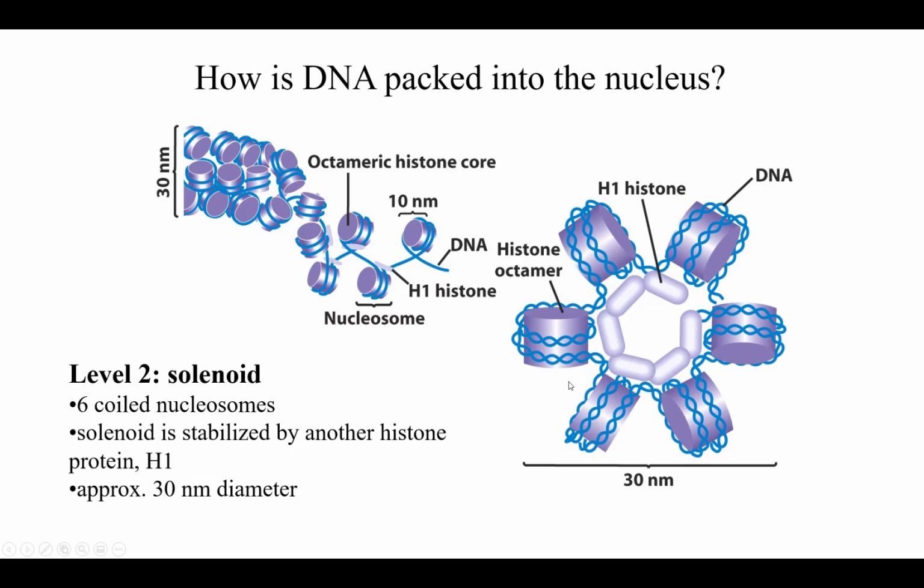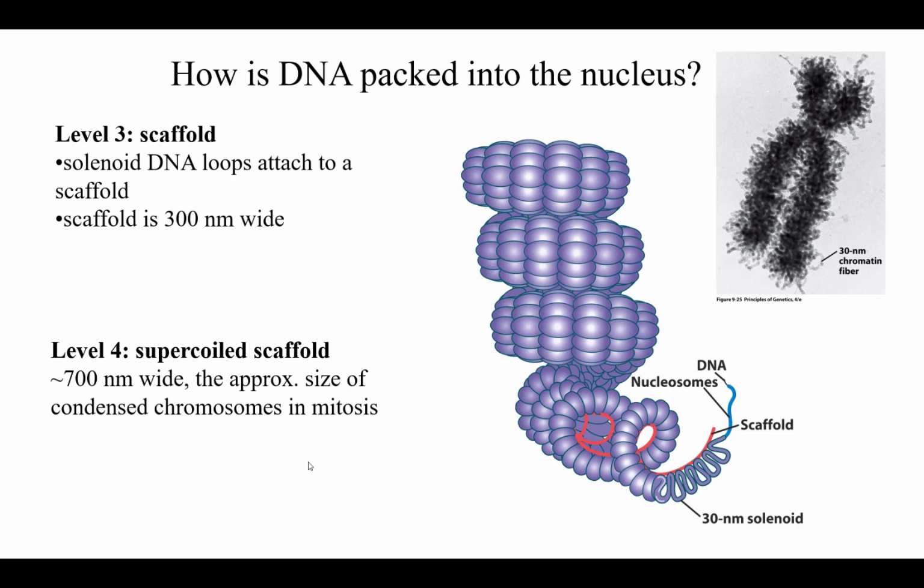And the solenoid actually makes something like a disc or a wagon wheel that then spirals around. A solenoid is actually the word for a spring, so it's kind of like a slinky in that it is spiraling around. The diameter of this structure is 30 nanometers wide. And then there's 2 additional levels. Level 3 is actually a scaffold in which the DNA is looped onto a scaffold of proteins.